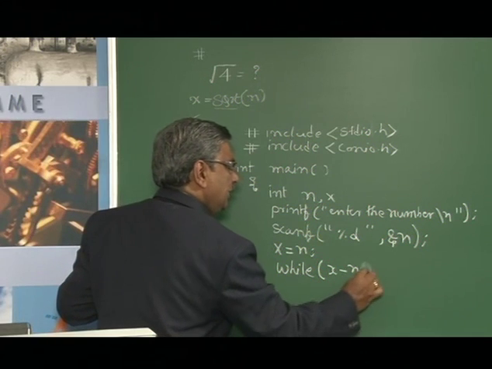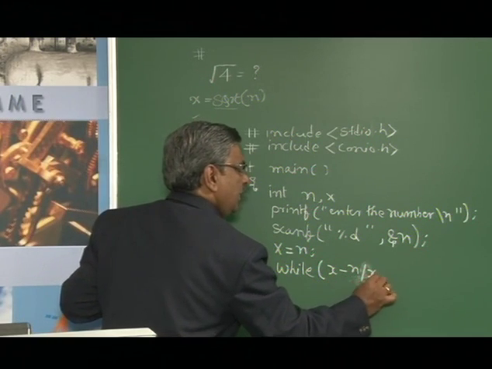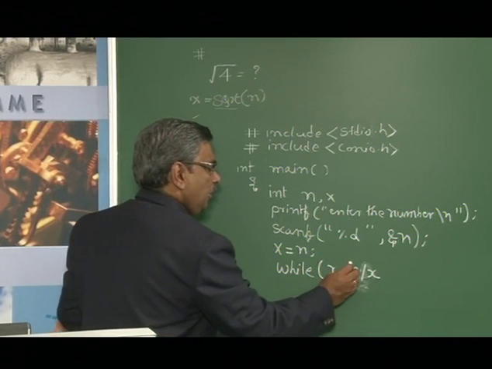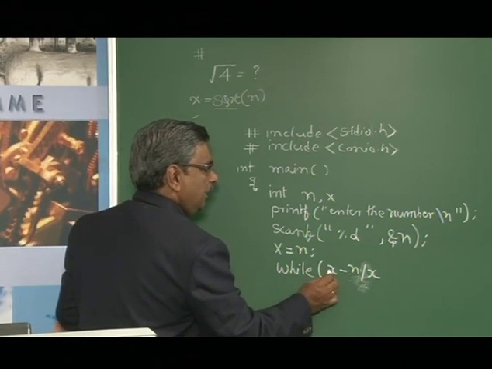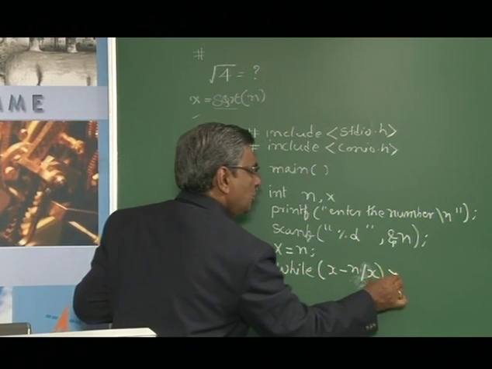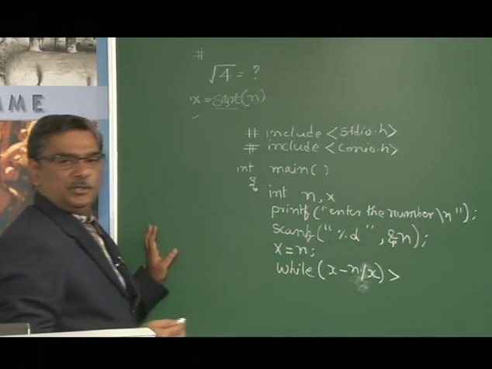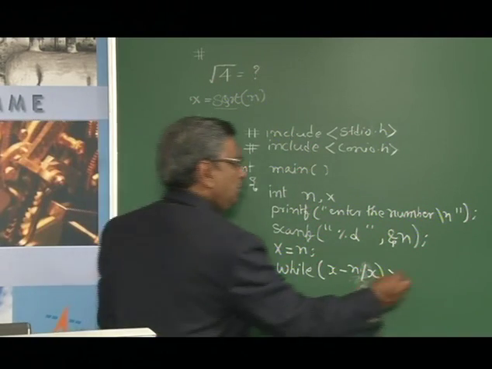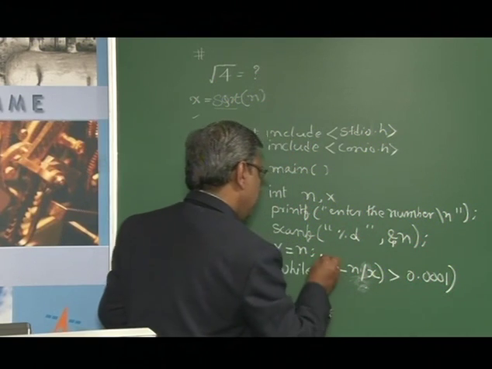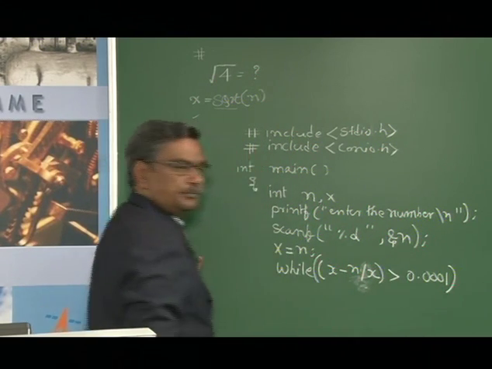The computer statement is n/x, that is n should be divided by x. This computation is subtracted from the x value. Whatever new value you get, if that is within the accuracy you want to enforce, here you can put any accuracy, 0.0001 or any accuracy that you put. This is the condition.